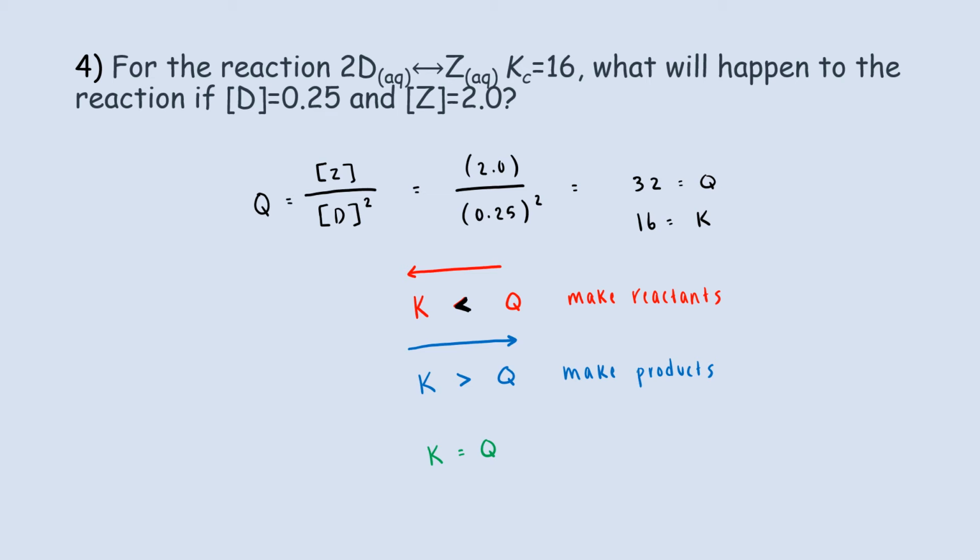And the same way, if K is greater than Q, then that inequality sign is going to point to the right, indicating that we're going to shift the reaction to the right and make products. So in this case, seeing as though K is less than Q, this is our scenario. We're going to make reactants and shift to the left.